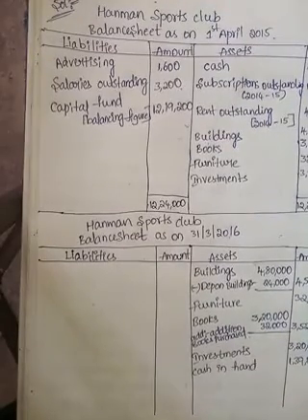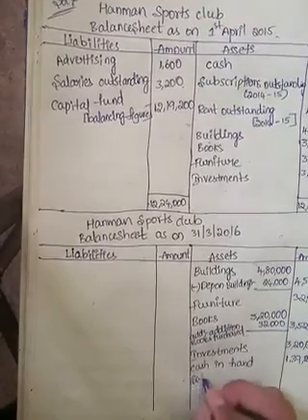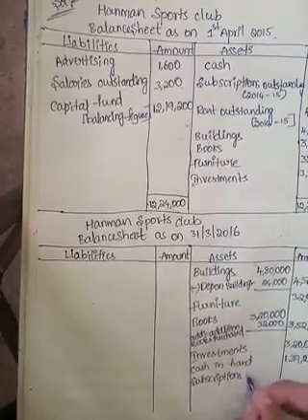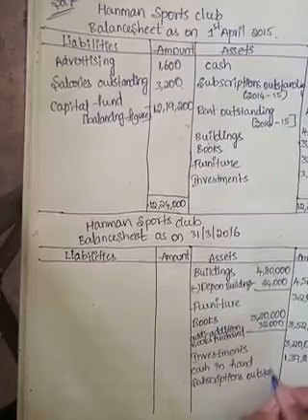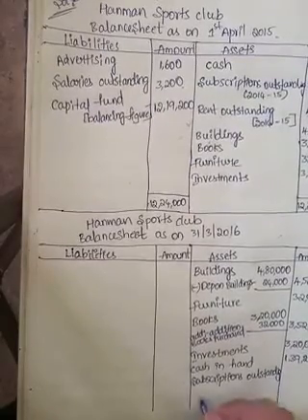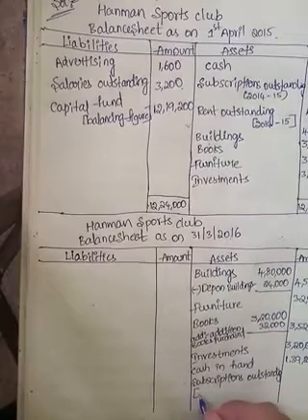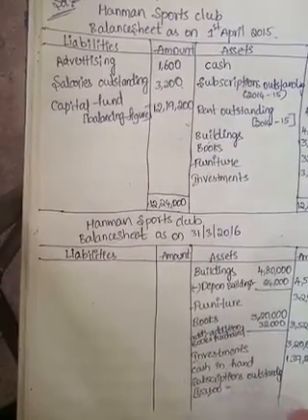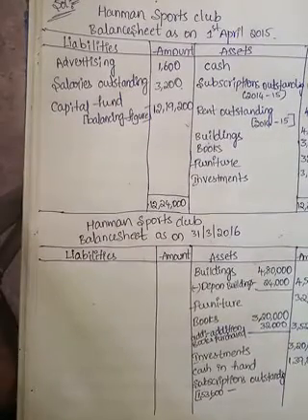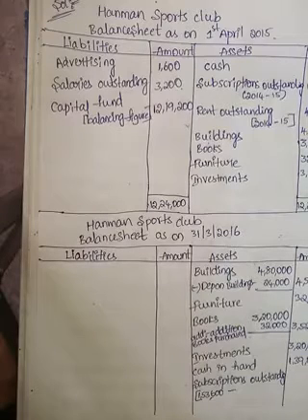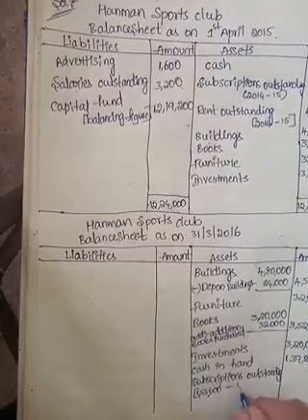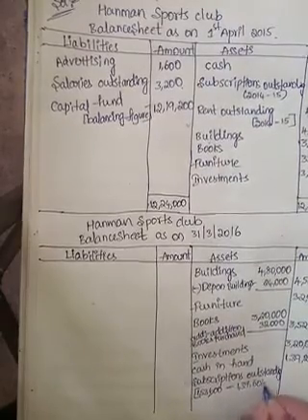Next is subscriptions outstanding. Subscriptions outstanding is 1,53,600 minus 1,37,600.